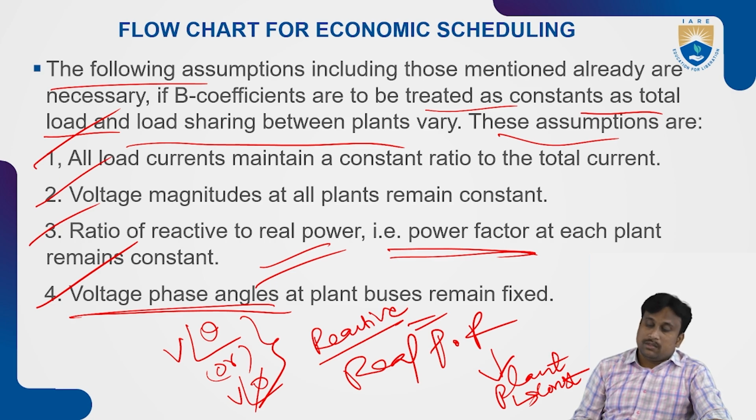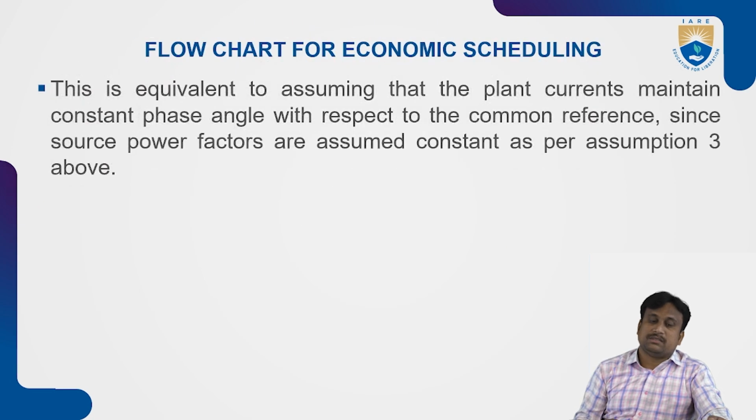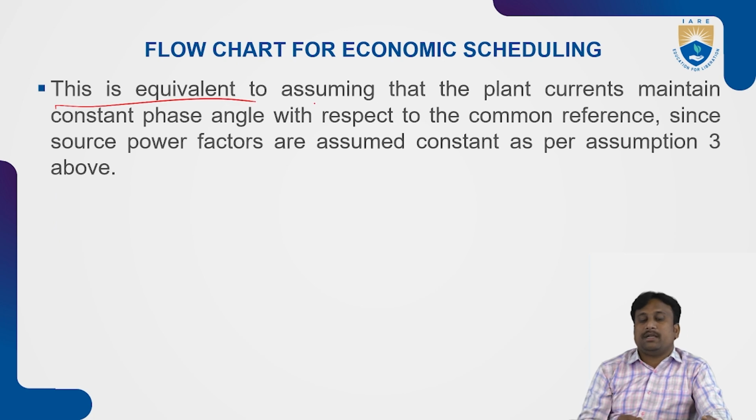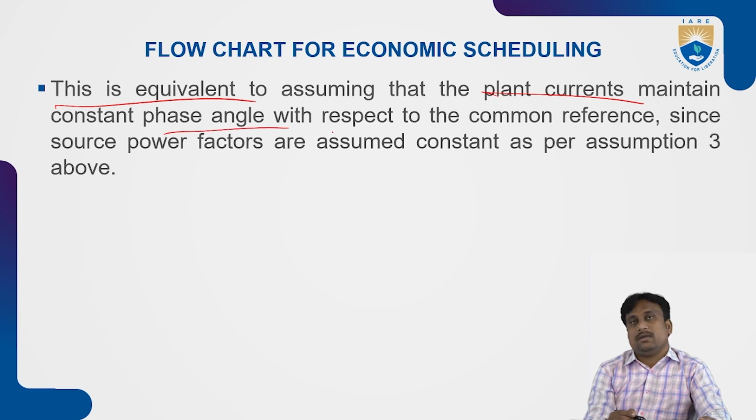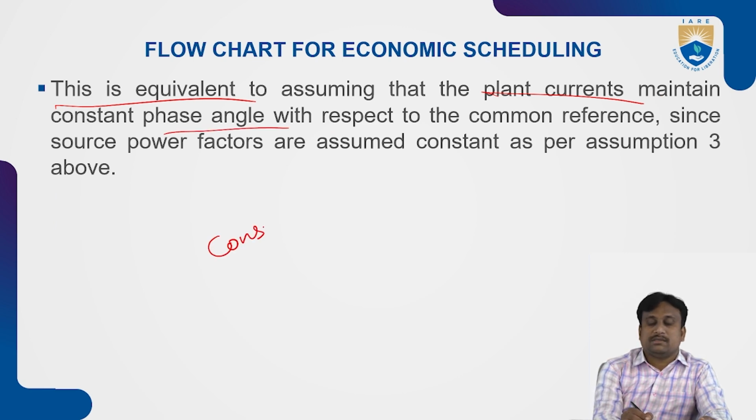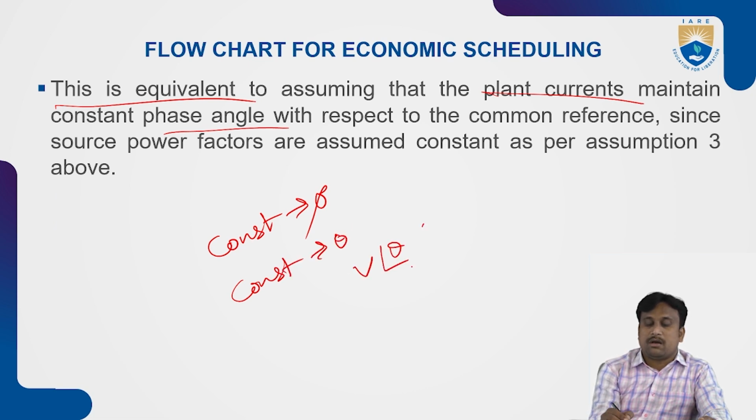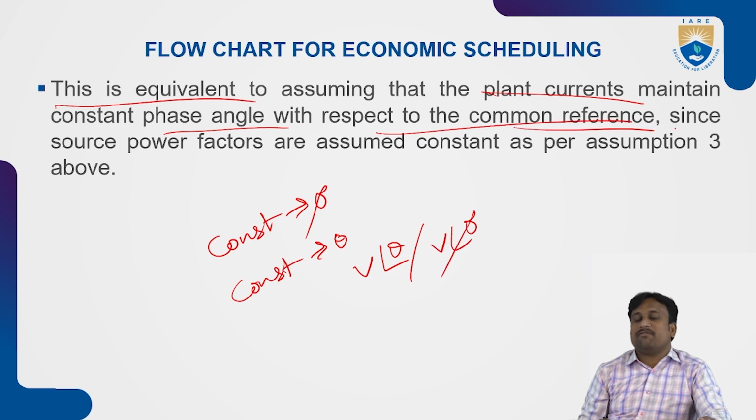So these constraints must be considered as equivalent to assuming that the plant currents maintain a constant phase angle. So we should treat it as constant phi or constant theta for the respective voltage, that is V at an angle theta or V at an angle phi with respect to the common reference.